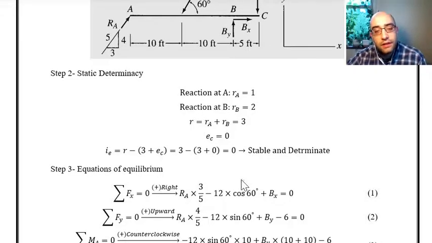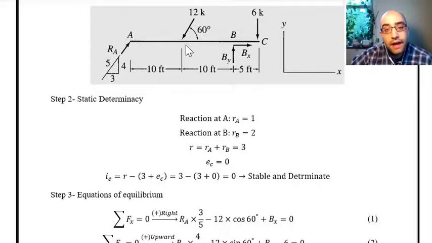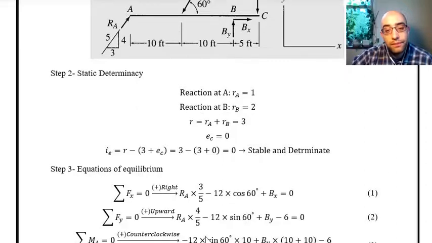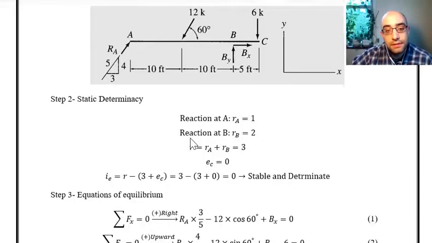So let's see how we can write it in the equation. Summation of forces in y direction is equal to 0. So RA multiplied by 4/5. Then we have this force over here, and it is downward, or directed to the negative y direction. That's why I have to say minus the vertical component of the force, which is 12 multiplied by sine of 60.